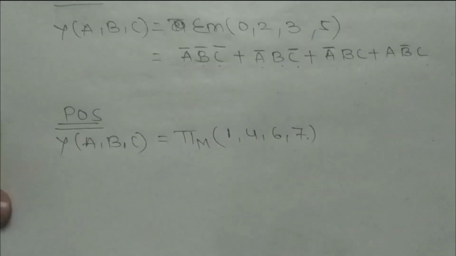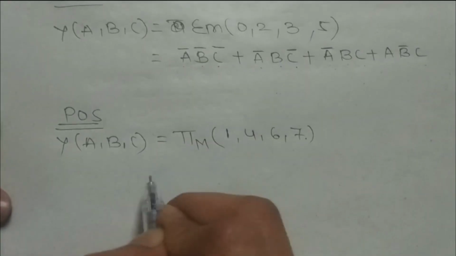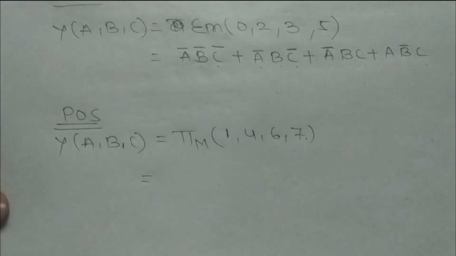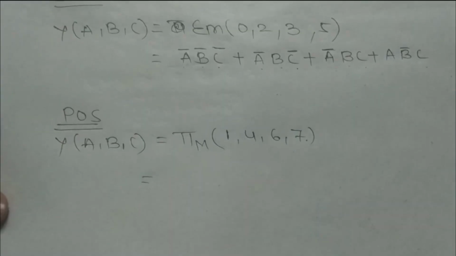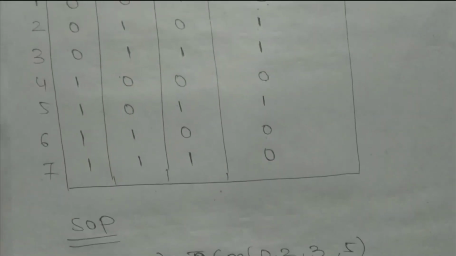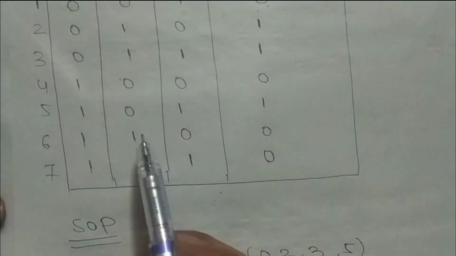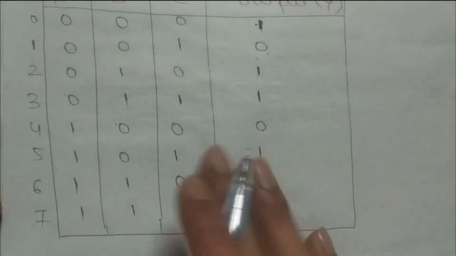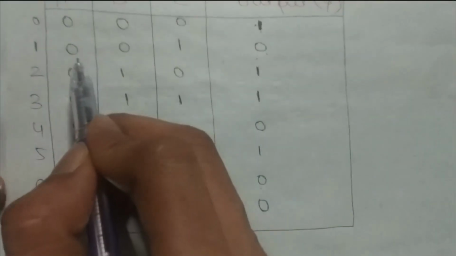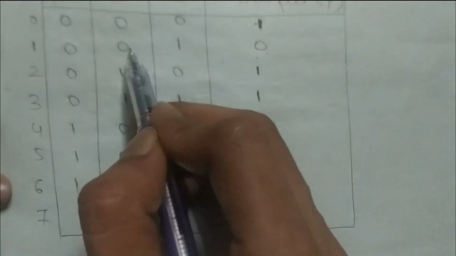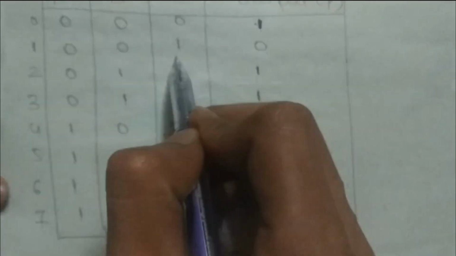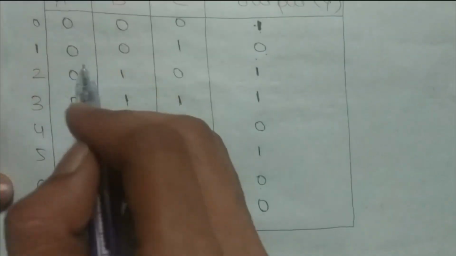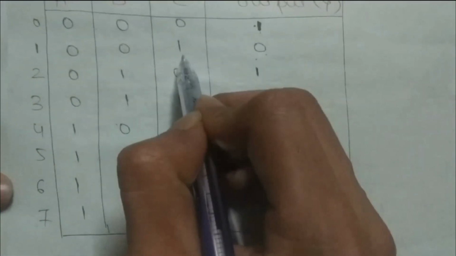How can this be written in POS form? As we know, the variables having low value are represented in non-complemented form, and those having high value are represented in complemented form. See here. First, for 1, A is 0, B is 0, C is 1. That means A plus B plus C bar.